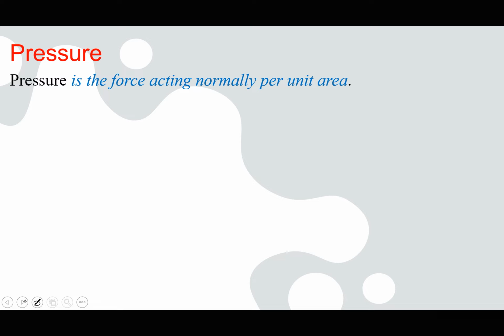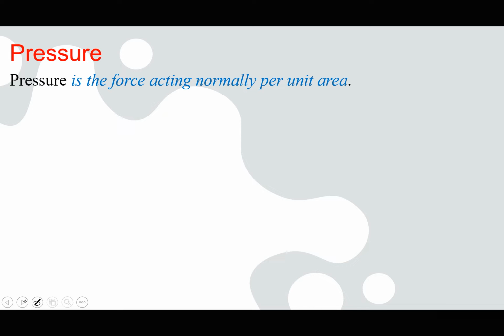So in IGCSE, I expect that you define the pressure as the normal force acting per unit area, or the force acting normally per unit area. So pressure is defined as the force acting normally per unit area. Unlike in a unit called deformation of solids, you might have seen that the units of pressure and Young modulus or stress were the same, but we defined stress as force acting per unit area. We didn't mind if the force was acting normal or perpendicular.